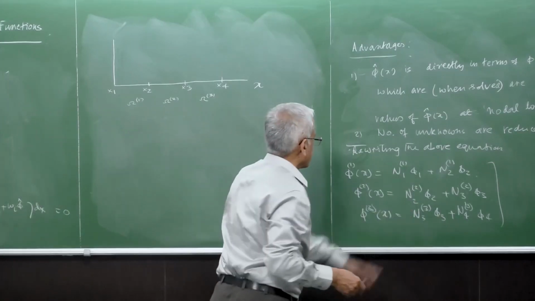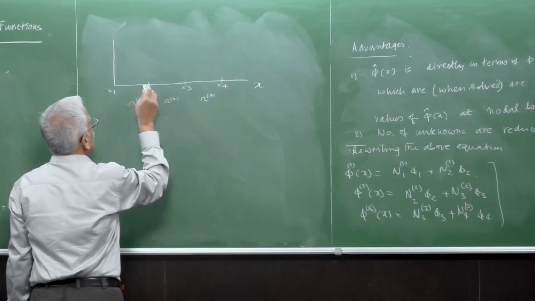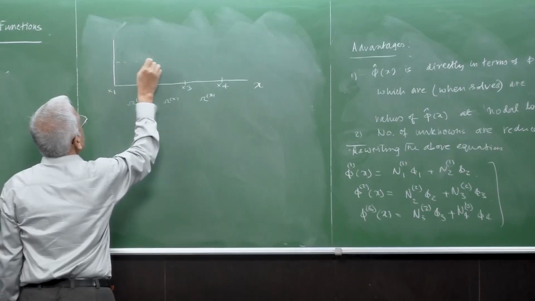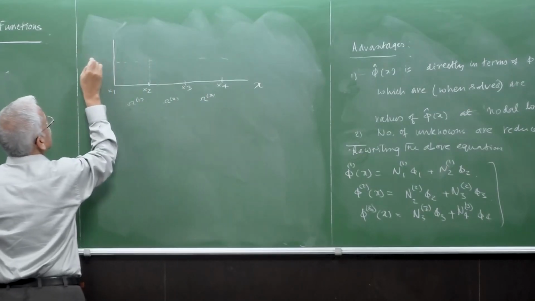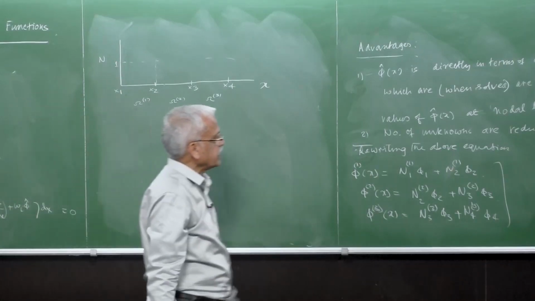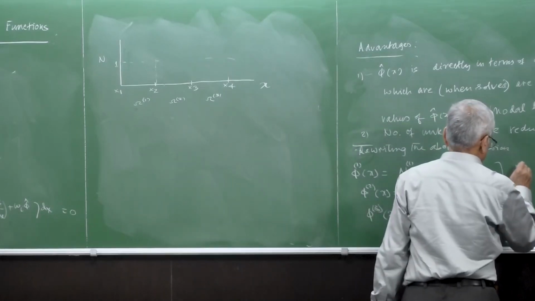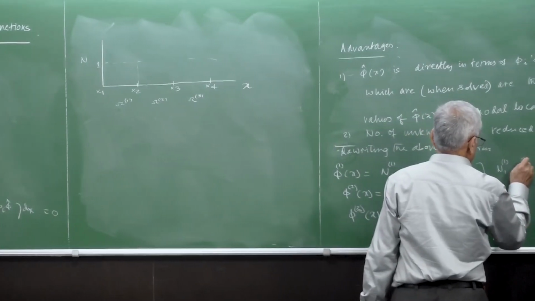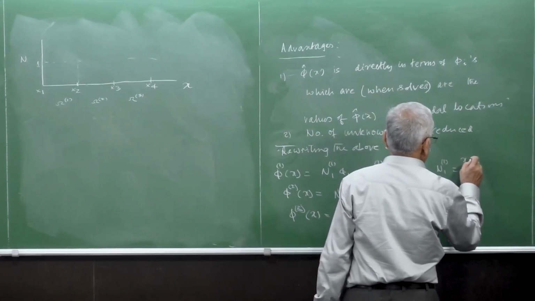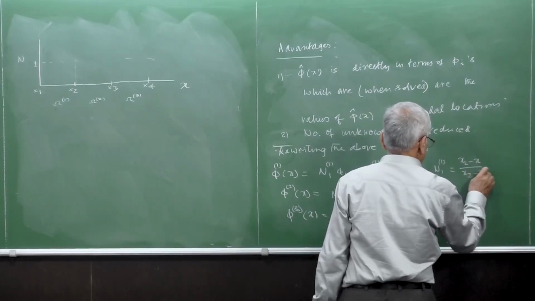For example, if you take this phi 1, it is defined only in zone 1. Let us say this is N1. So this has a value of, if you recall that expression, I will just write it for the sake of convenience: x2 minus x divided by x2 minus x1.